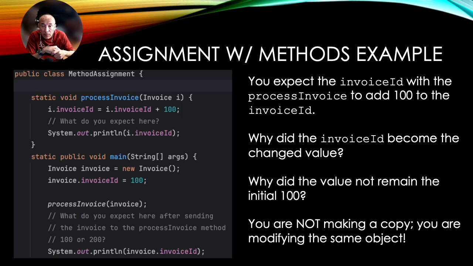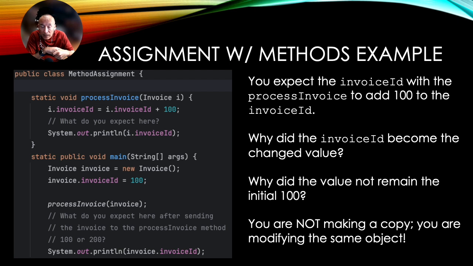So let me say that again. If you create a type and you create an instance of that type, you set up its fields to 100, then you pass the entire object, all of invoice, to a method, and that method changes the fields. When you are done with that method, those fields are now changed.